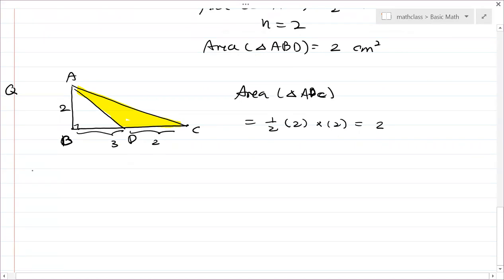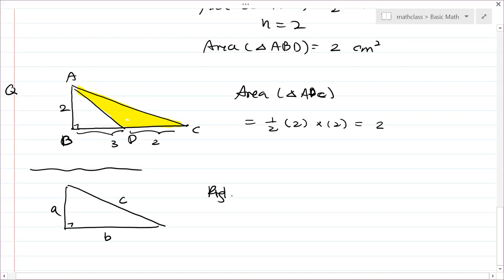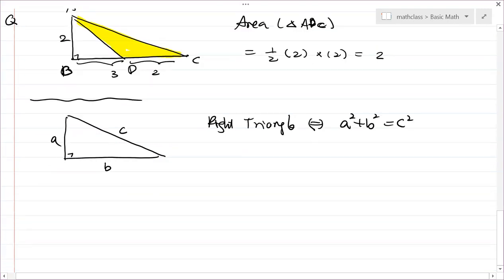The right triangle is special. Let's recall the basic formula for the right triangle, called the Pythagorean theorem. Let's say the sides are A, B, and C. It is a right triangle if and only if A squared plus B squared equals C squared.